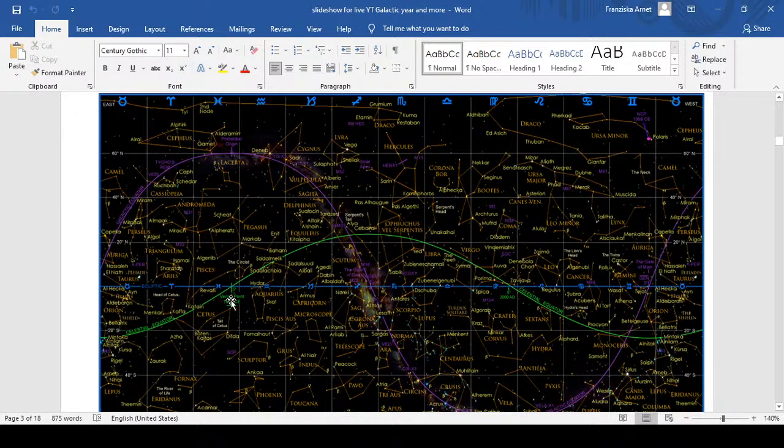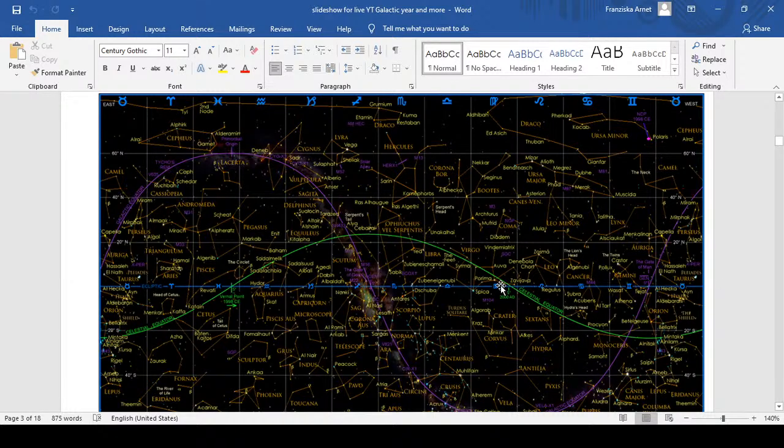You can see the crossing points here. That's the equinox, actually the March equinox, and here we have the crossing of the September equinox. So the coordinate system, yeah, it's okay.